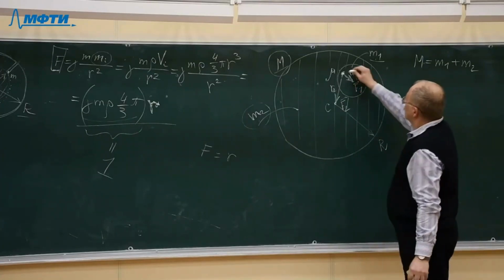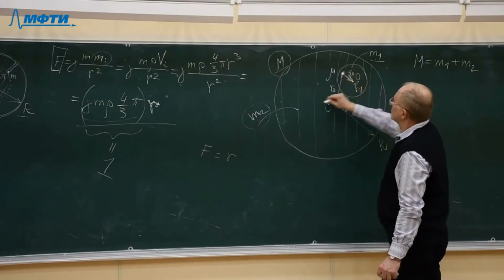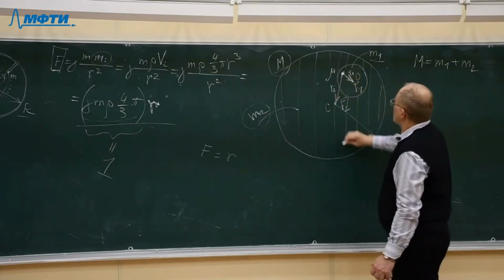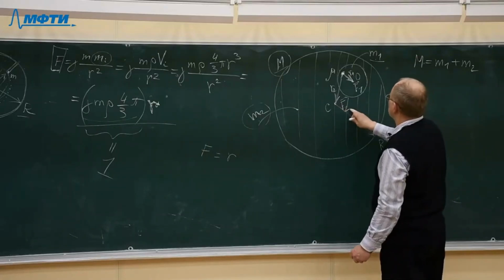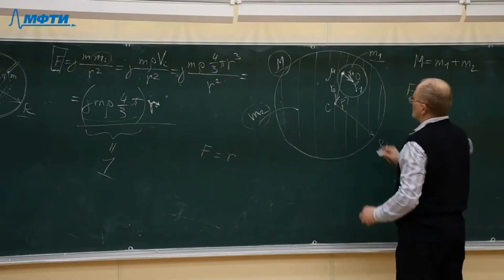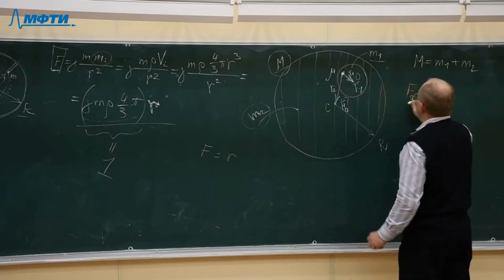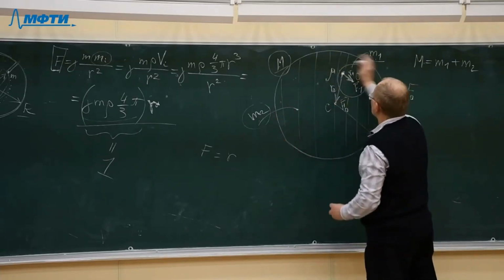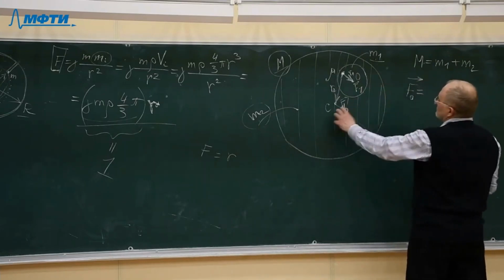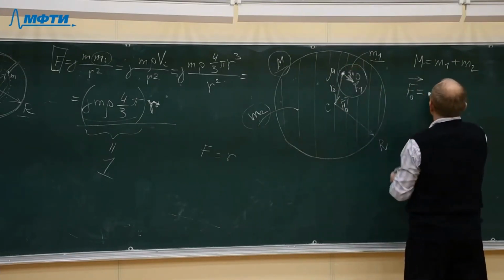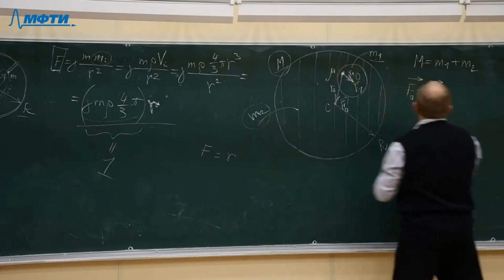The force of interaction with mass m1 is this force, and the force of interaction with the total mass is this one, F0. The total force of interaction with a whole sphere, when it's all uniformly filled with matter, must equal the vector sum of interaction with this small mass, F1, and the larger mass m2.